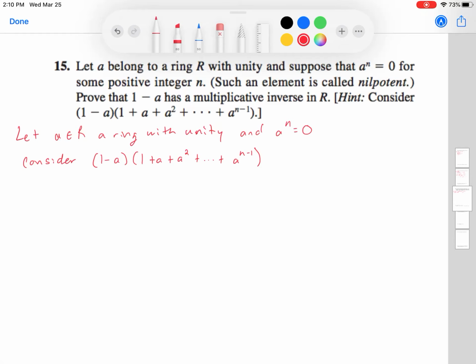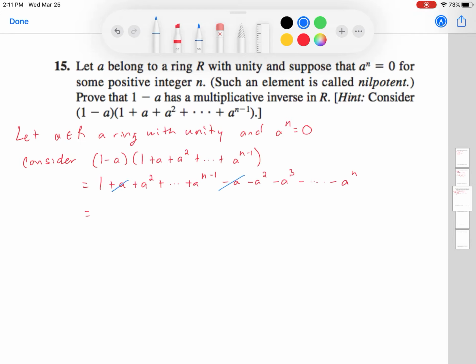Well, as we're considering that, why don't we just go ahead and multiply? So if we were to multiply, we would have 1 plus a squared plus all the way up to a to the n minus 1. That's taking 1 times everything in our second. And then taking negative a times everything in the second, we'd have minus a squared minus a cubed minus a to the n.